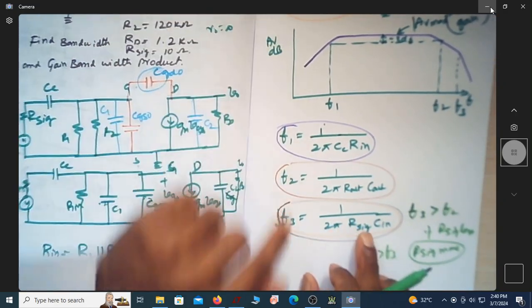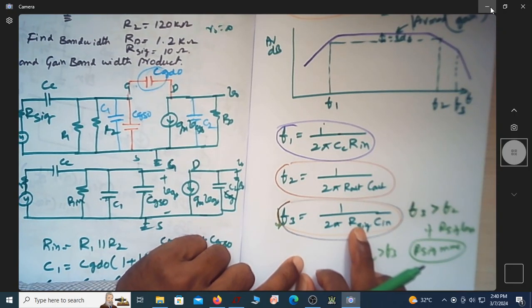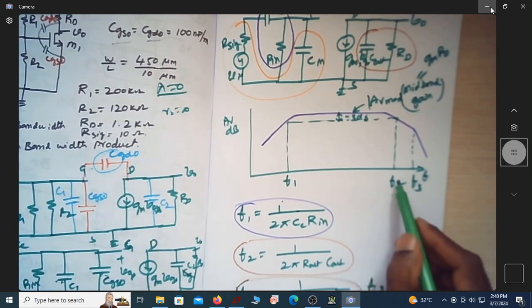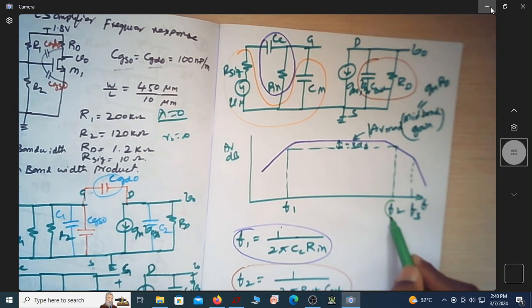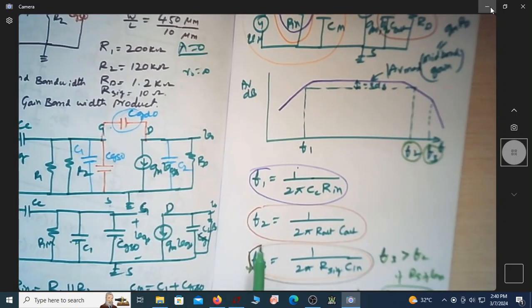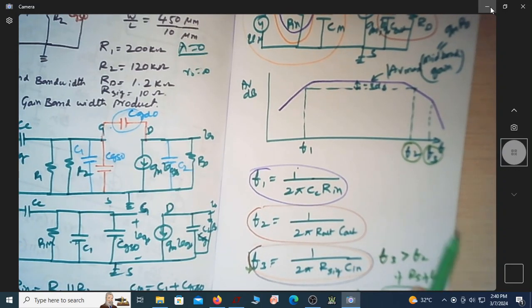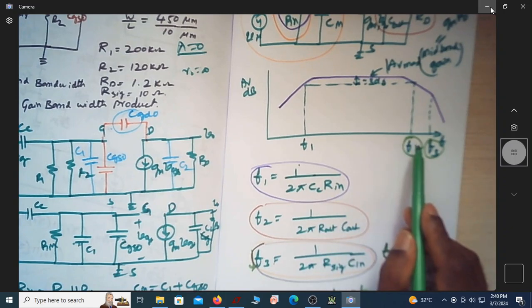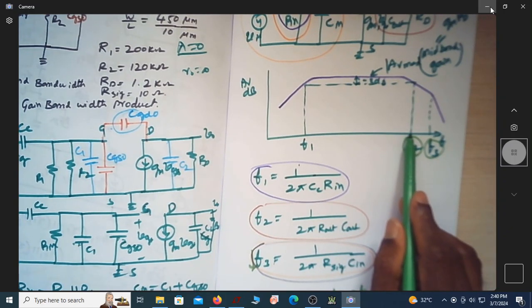So depending on the value of R signal, these two are interchangeable. It's not always that F2 is here and F3 is here. Maybe while doing it in class we would have written this as F3, this as F2. It doesn't matter. Make sure that whichever frequency is less, that will be the bandwidth deciding one.